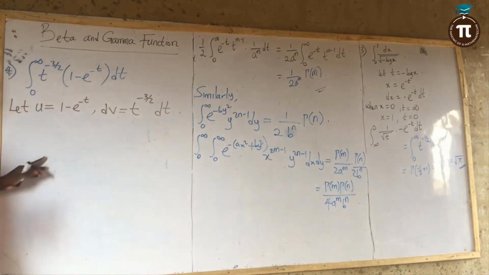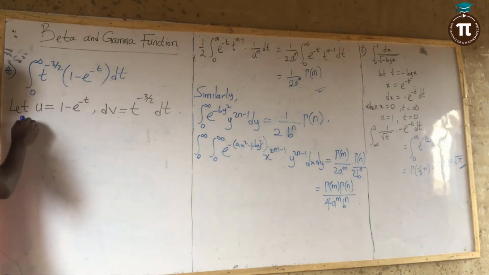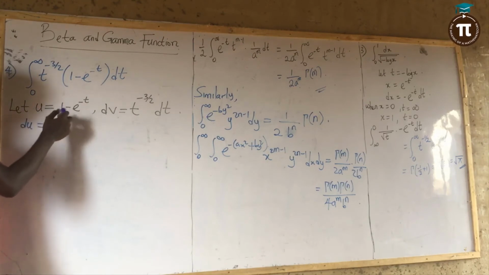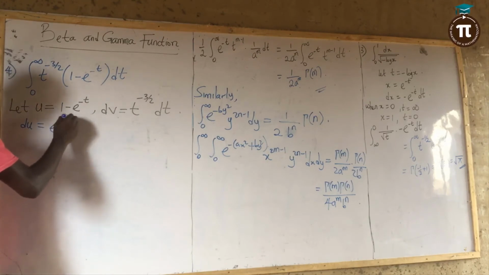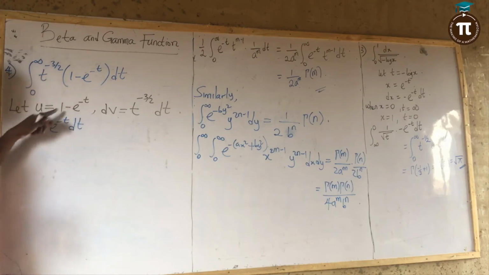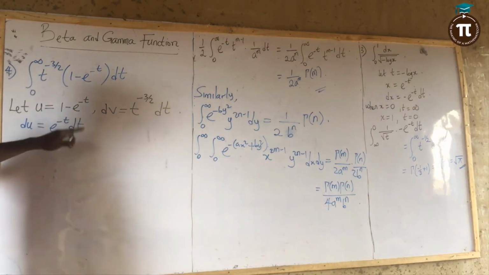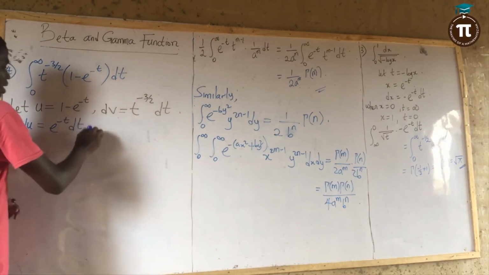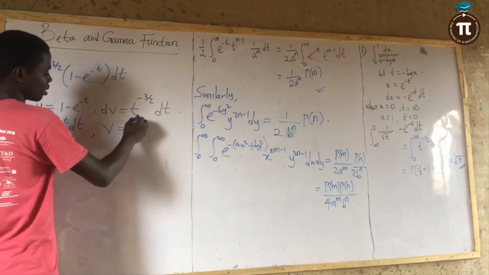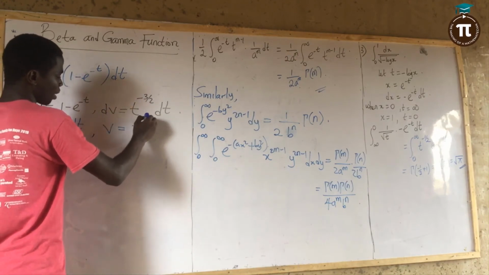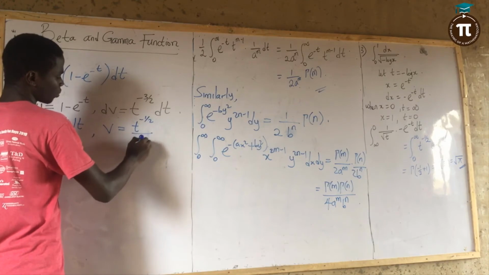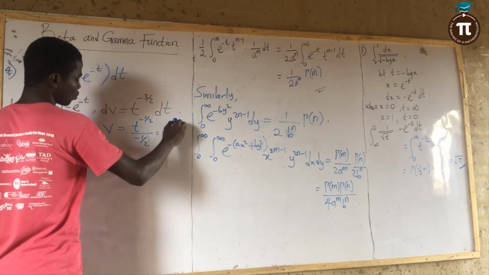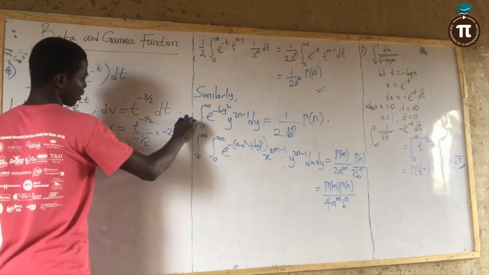By differentiating, du is e raised to the power minus t dt. If we differentiate 1, you have 0. If you differentiate this one, you have this. Then integrating dv will be t raised to the power of minus 1 over 2 over minus 1 over 2, which will give me minus 2 t raised to the power of minus 1 over 2.